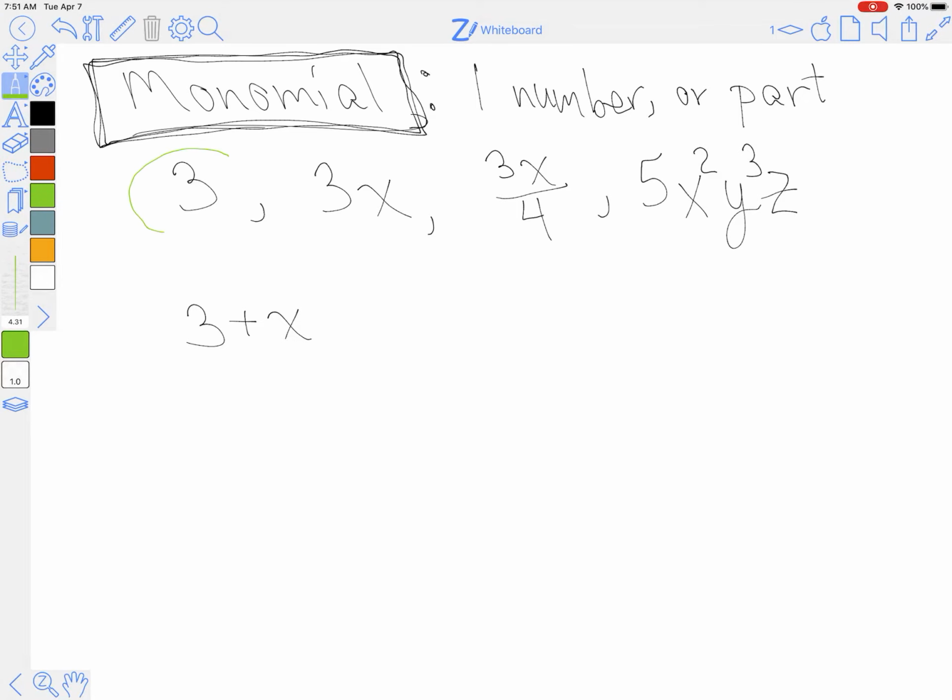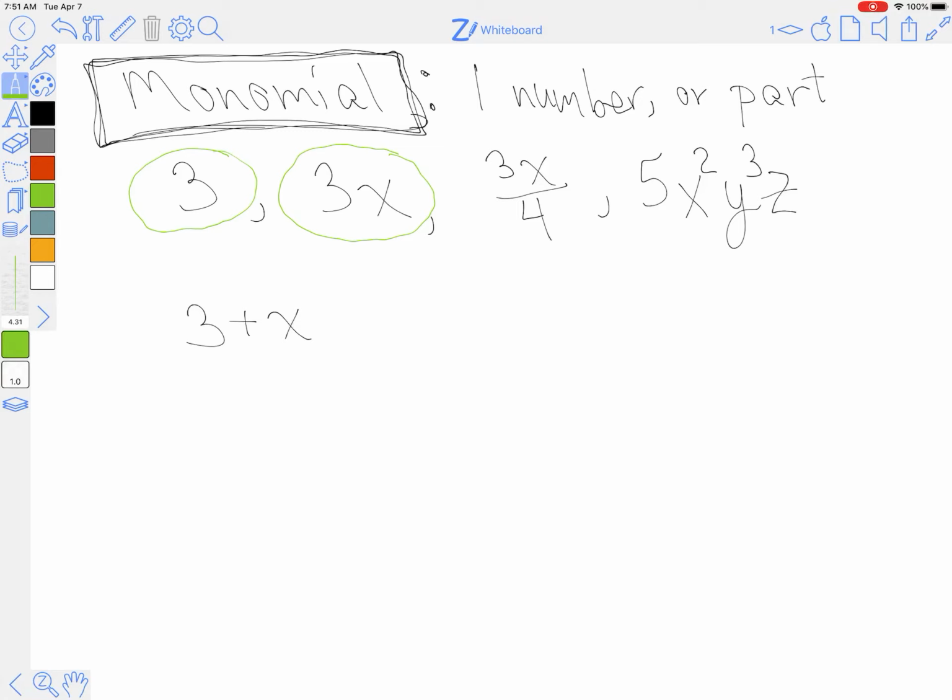Just the number 3. If I had just the number 3, that would be a monomial because there's one number or one part. The same with 3x. This is still considered a monomial. It's still one thing because it can be the product of a number and one or more variables.